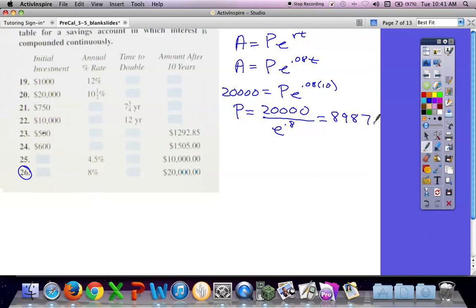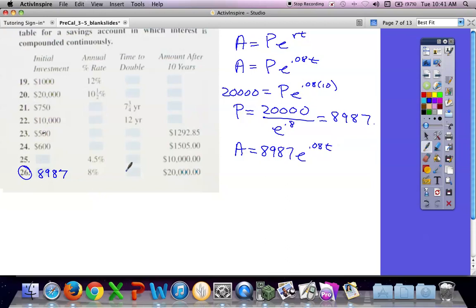Okay, so we can fill that in here. Okay, so now here's our new equation. A equals 8,987 e to the 0.08 times t.